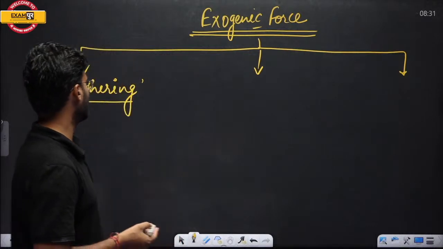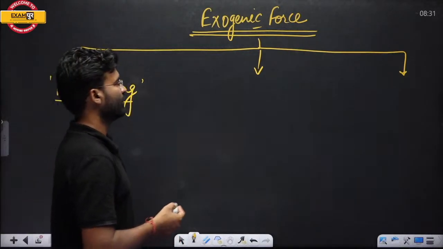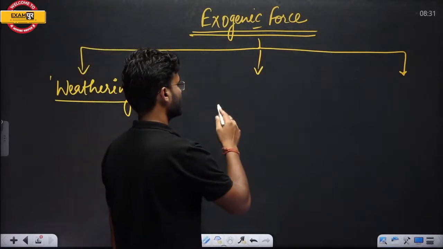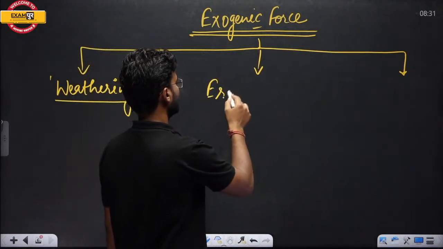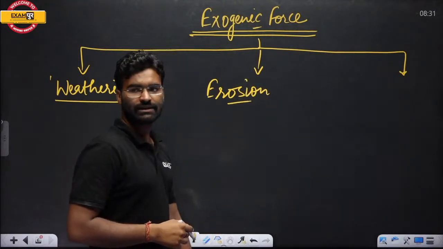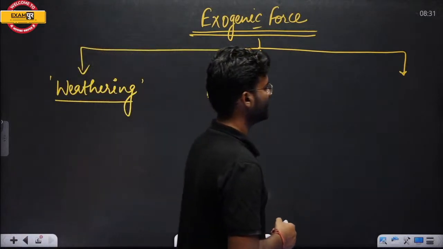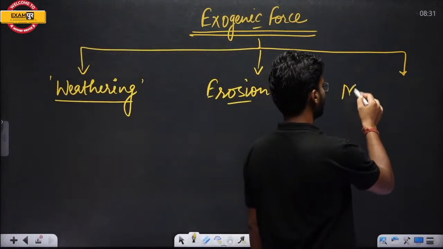So weathering is the first phenomenon. The second phenomenon due to the exogenetic forces is erosion, and the third one is mass movement.